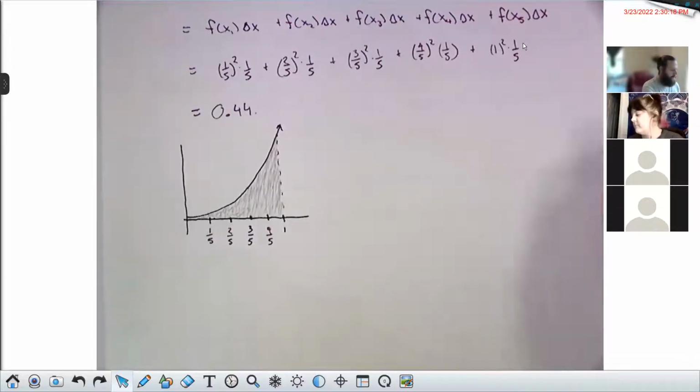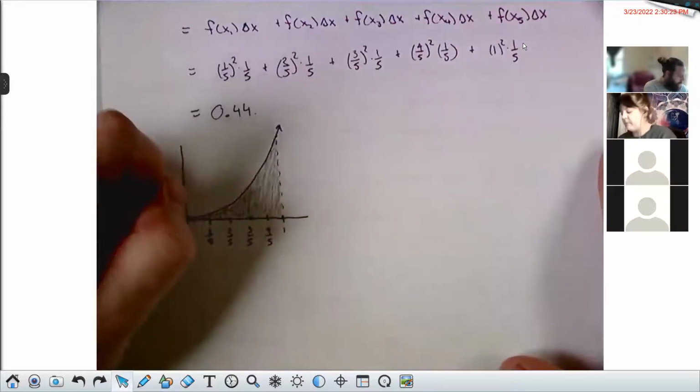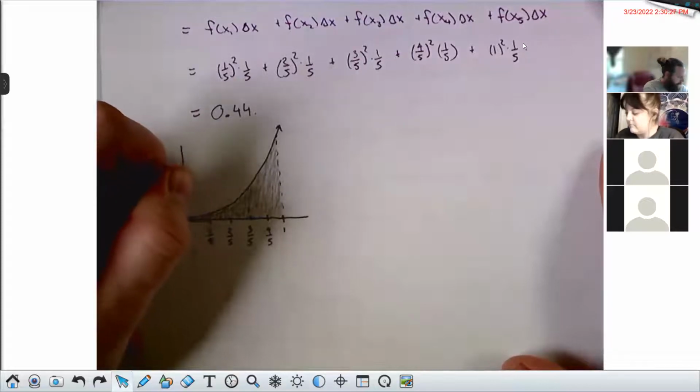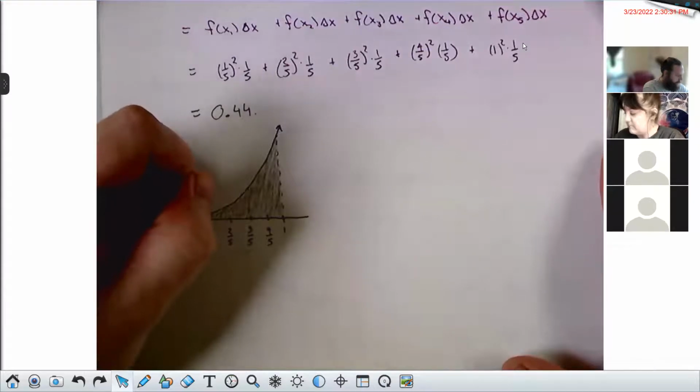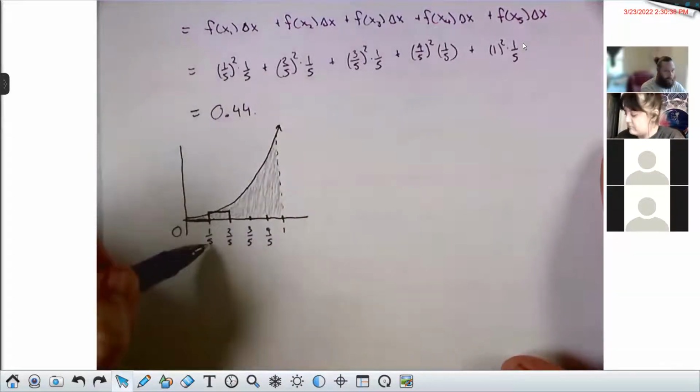If we're trying to understand how L5 worked, L5 took its height for the first rectangle from the left endpoint. So the first rectangle actually had height 0. The height for the second rectangle came from the function value at 1/5.